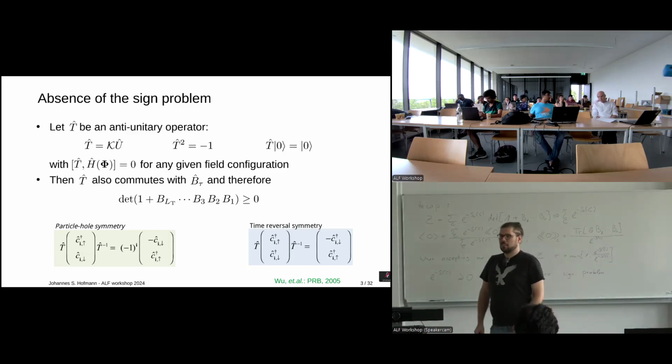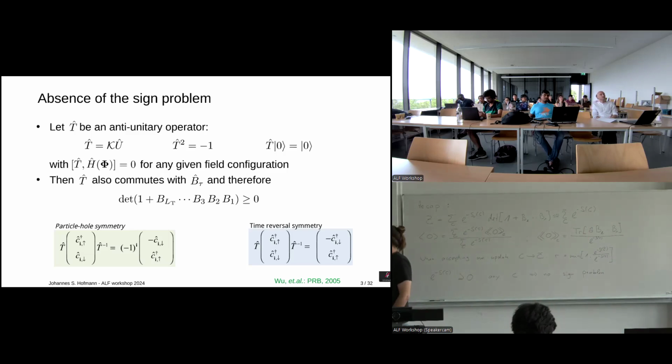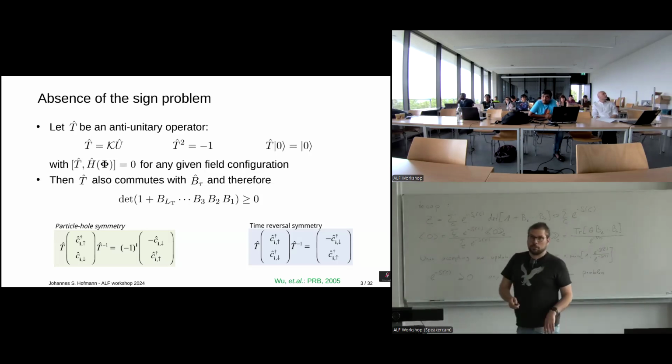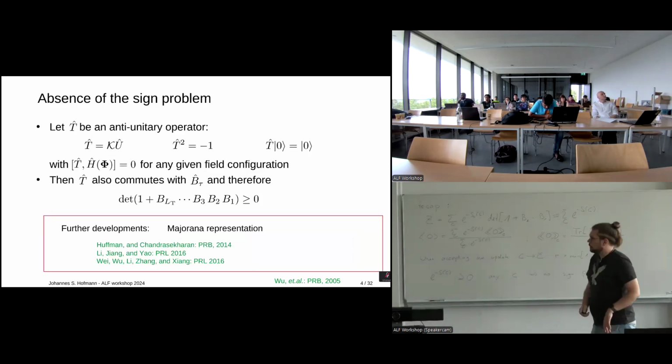I forget. I mean, you can think of this as a positive condition. If you have the time reversal symmetry, you're guaranteed to be positive. Now you can start thinking of adding terms that break time reversal symmetry, but maybe they don't break it enough, so that while you broke time reversal symmetry, the determinant is still positive. But this is hard for me to think about in a more precise manner.